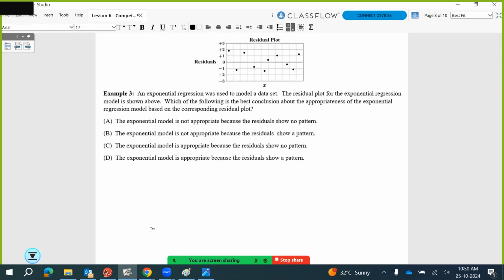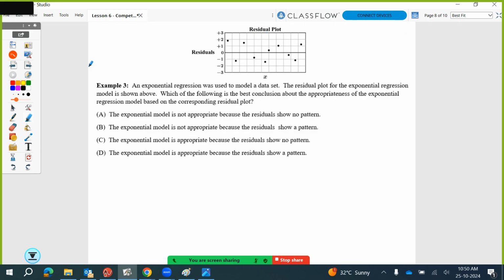If we look at this residual plot here, an exponential regression was used to model a data set. The residual plot for the exponential regression model is shown above. Which of the following is the best conclusion about the appropriateness of the exponential regression model based on the corresponding residual plot?